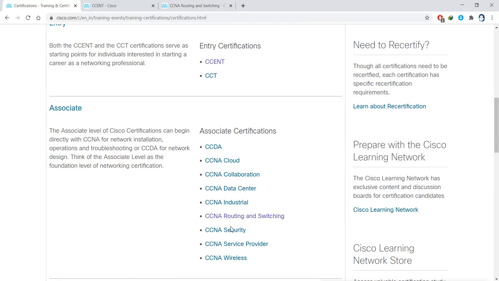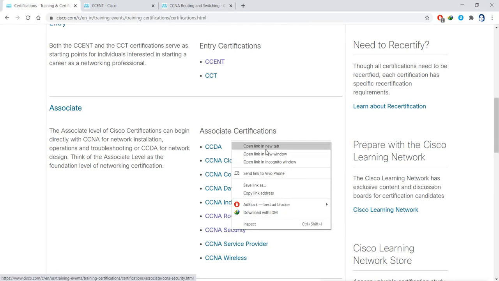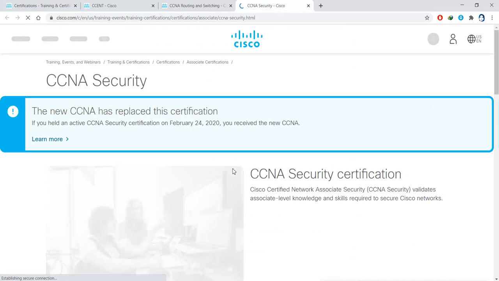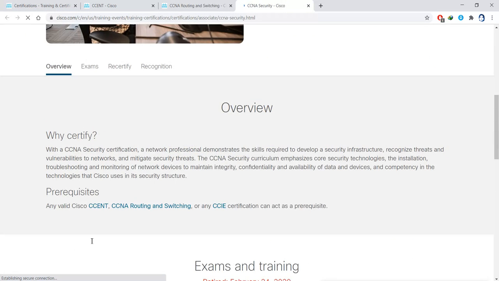But if I want to go for CCNA Security, you can see there is a prerequisite. So for CCNA Security, I have to have any valid Cisco CCENT. Otherwise, we will not be able to understand the CCNA Security part.